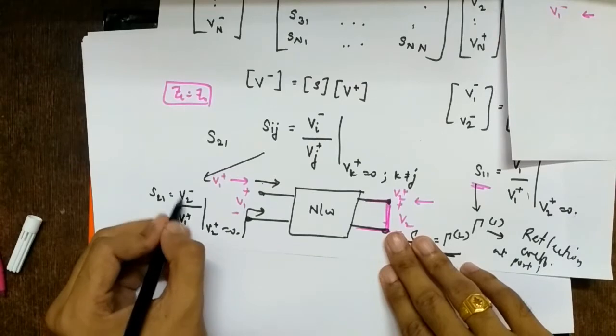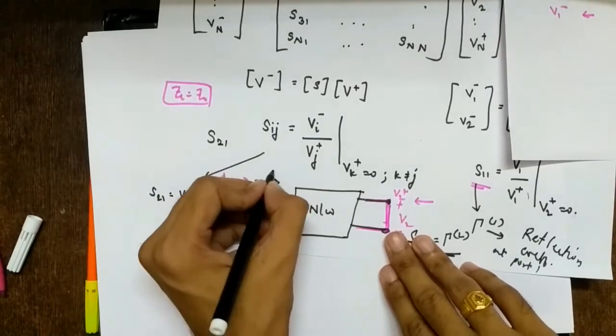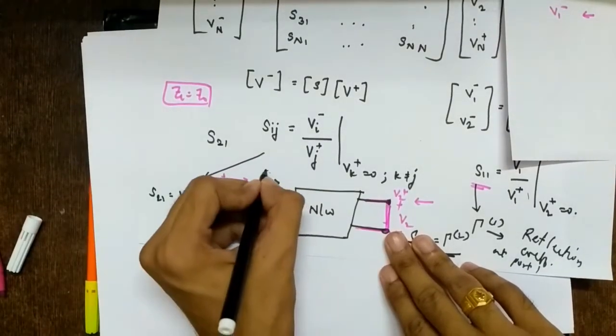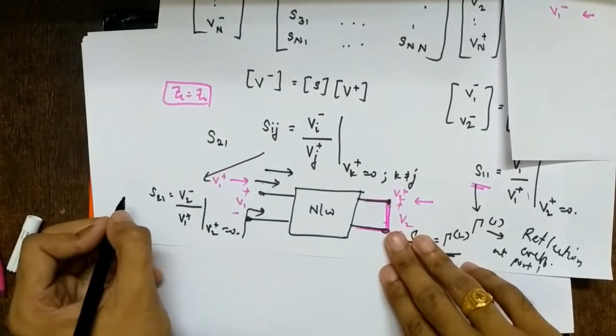It is the ratio of V2 minus, which is reflected, to V1 plus, which is incident. In other words, it tells us how much power is transmitted.